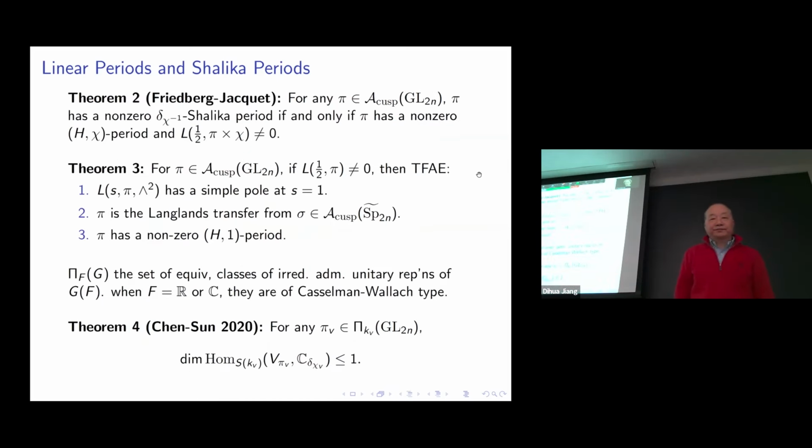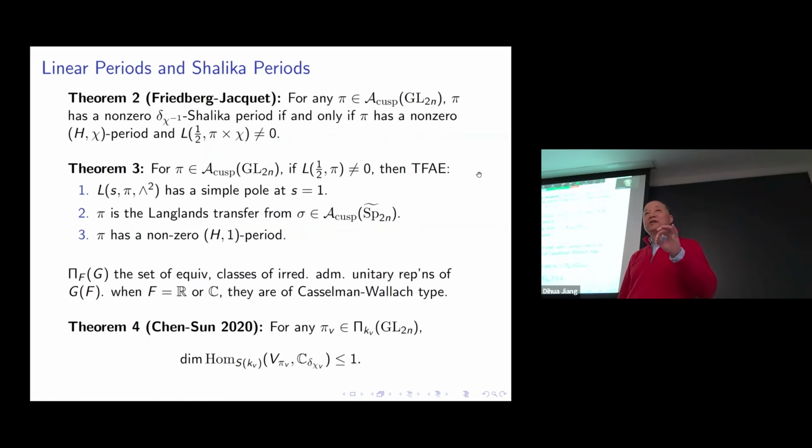And so the theorem of Jacquet can be summarized like this. Pi is a cusp form. It has a Shalika period if and only if pi has a linear period plus the central value non-vanishing. So in other words, the two periods globally are not equivalent.